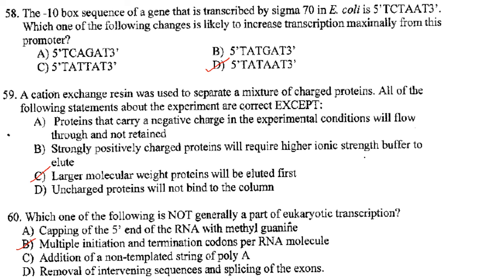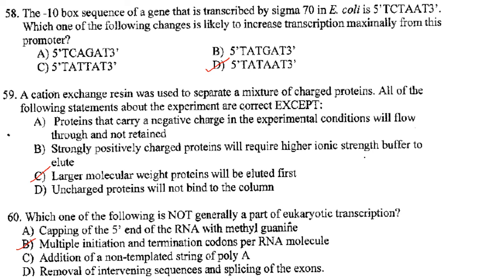So if you have this particular sequence, that is option D, that is TATAAT, because sigma 70 recognizes the consensus minus 10 TATAAT sequence. So if you have that particular sequence, it will increase transcription maximally.